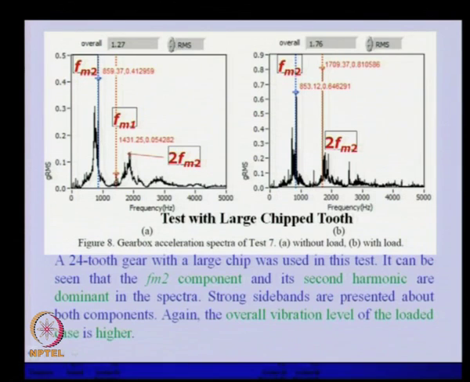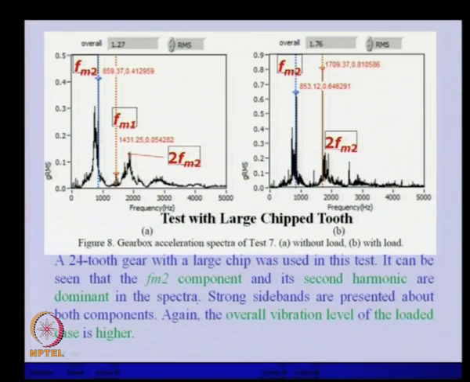Now, this particular signal is with a large chip tooth. The previous signal was for a small chip tooth. In this, you can see that the 24 tooth gear with a larger chip was used in this test. It can be seen that the FM2 component and its second harmonic are dominant in the spectra.